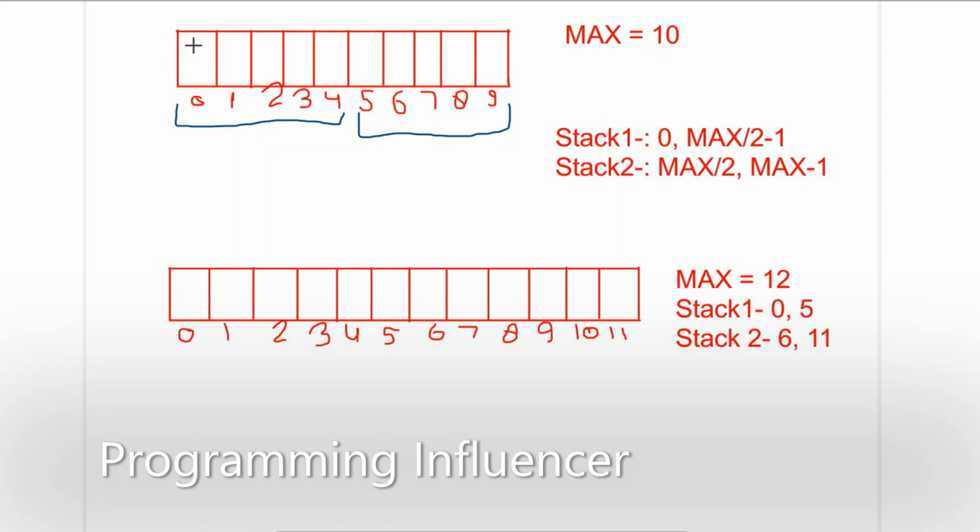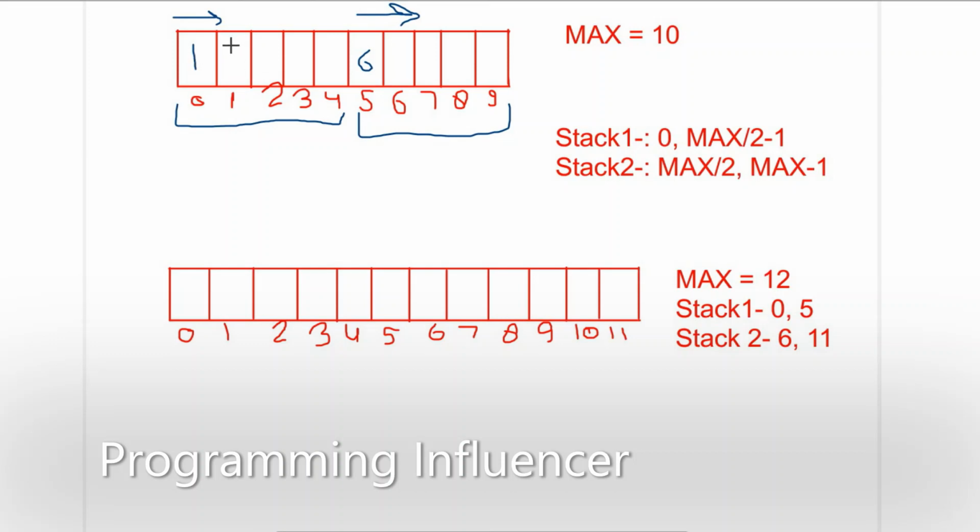Here suppose we push 1 in stack 1 and push 6 here in stack 2. Our stack will grow from left to right, and stack 2 will also grow from left to right.